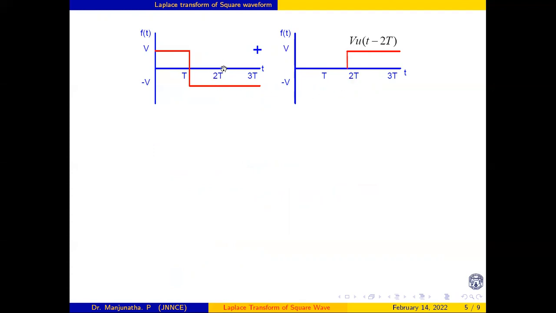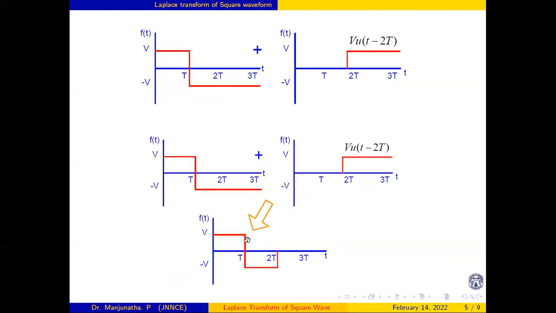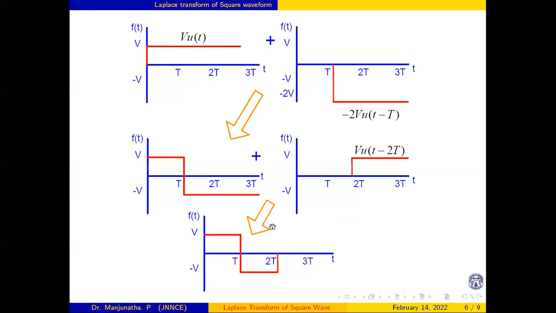If I am adding these two, the resultant will look like this. So at 2t, this minus v and plus v will be cancelled out. It becomes 0. So this will be the overall waveform synthesis of this one cycle square wave.